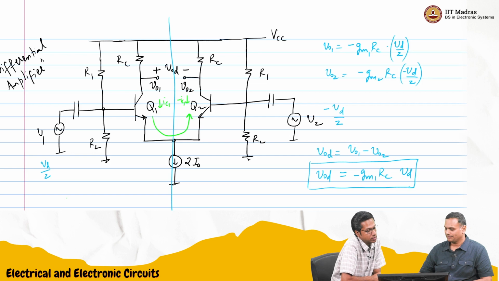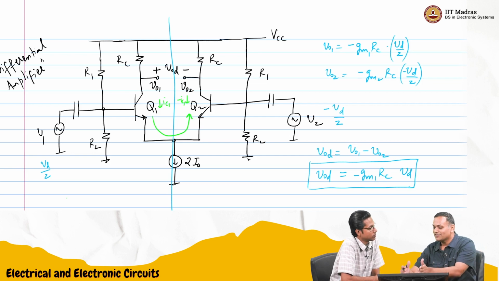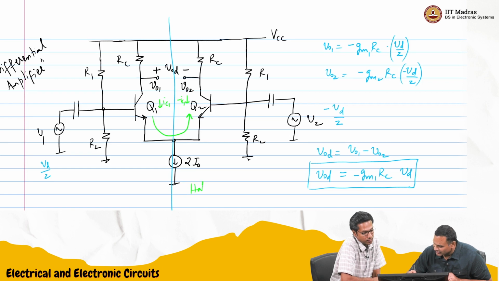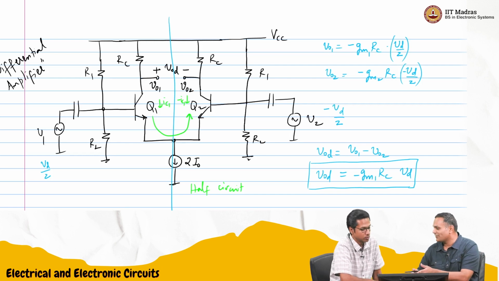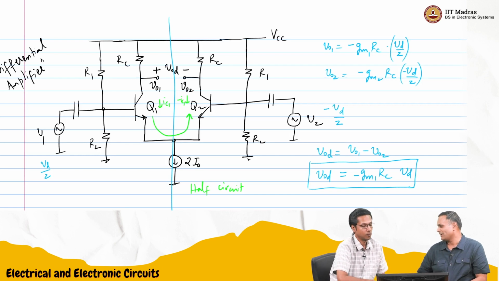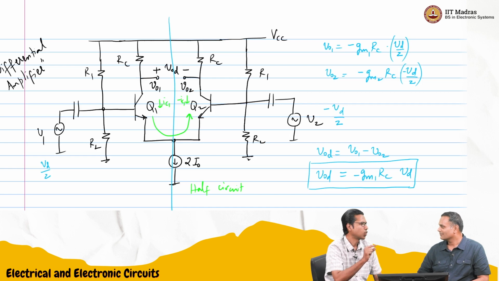And this portion is called the half circuit. So very often you can split the circuit in half and analyze it to understand how the circuit will behave. You were saying common mode rejection. Yes, correct.